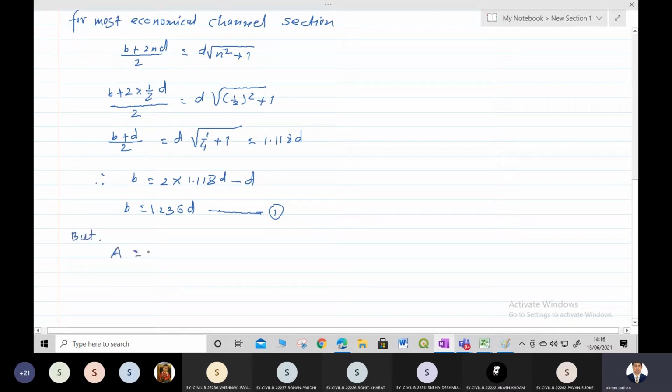Then if you further simplify this for the area, the area of the trapezoidal channel section is (b plus nd) divided by 2, into d. Now if you further simplify this area, it will be (b plus nd) into d.